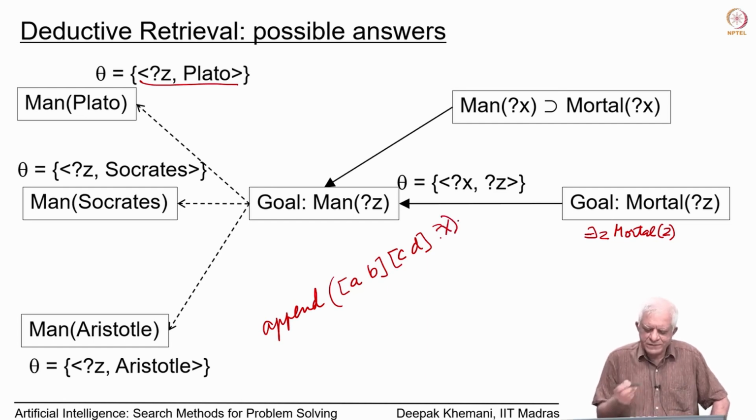Where append is a predicate which becomes true if when the first argument, which is a list containing A and B, appended to the second argument, which is a list containing C and D, and x is just a variable.